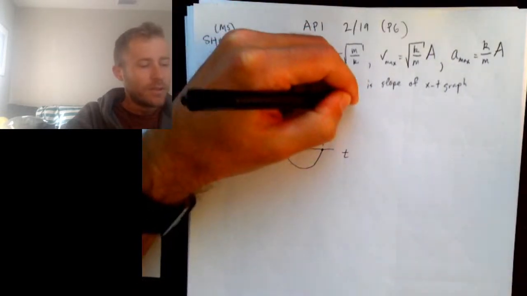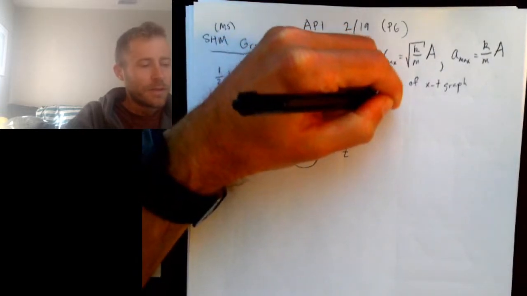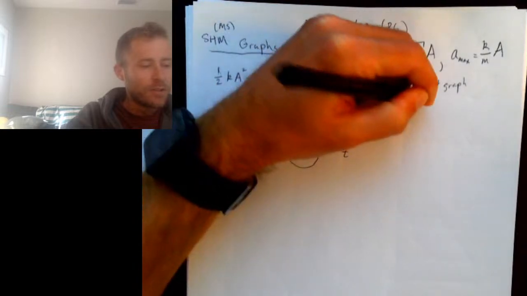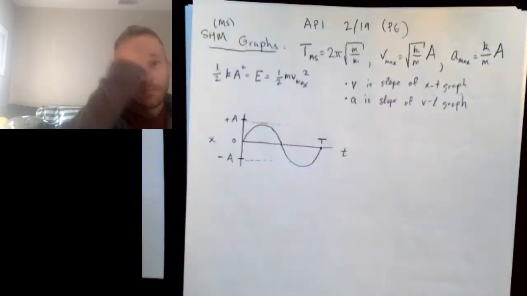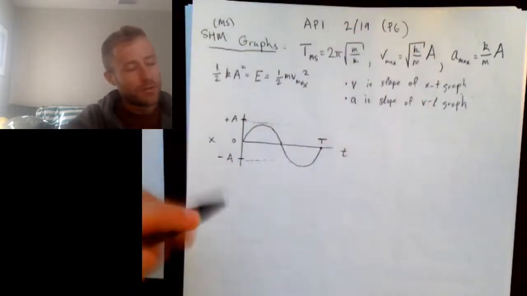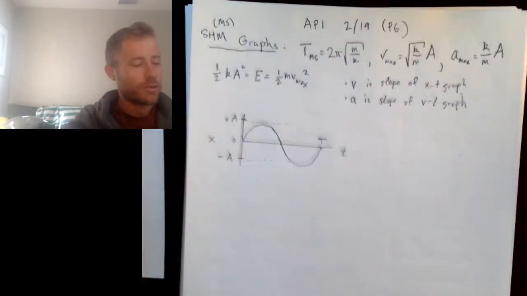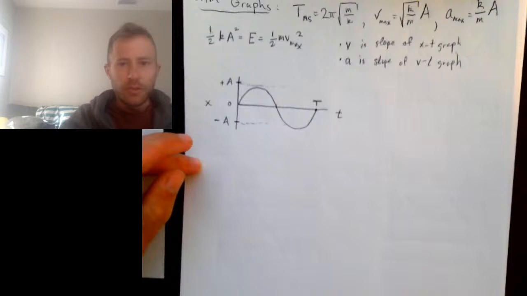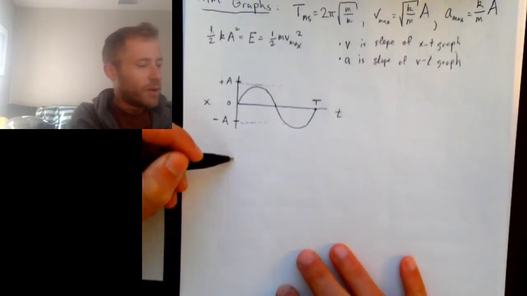And the acceleration is the slope of the velocity time graph. We're going to use all of this information to help us get more graphs, starting with this. The first thing I'm going to do is draw the velocity time graph.